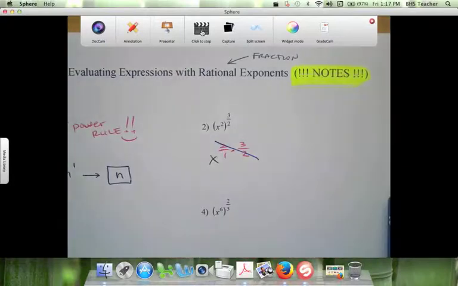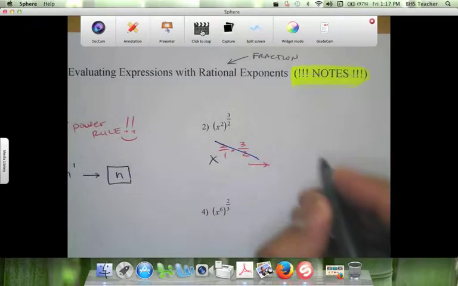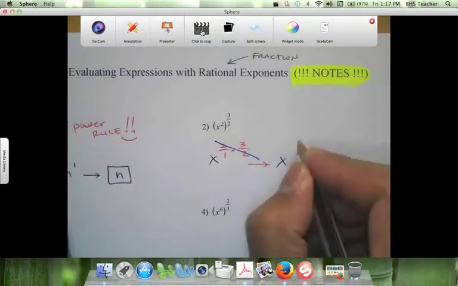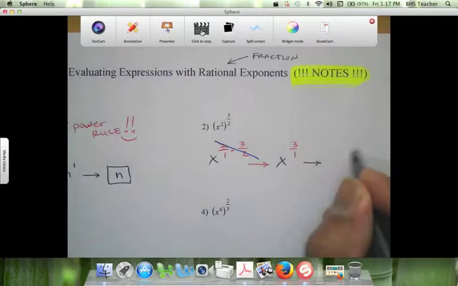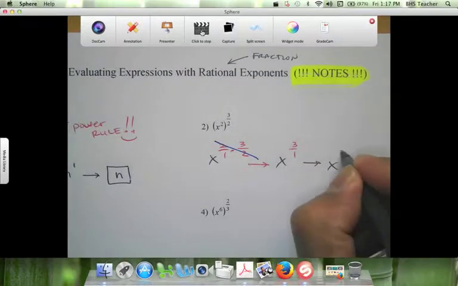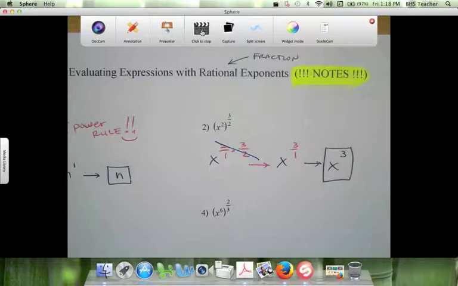You're left with x to the power of 3 over 1, which is just x to the power of 3.